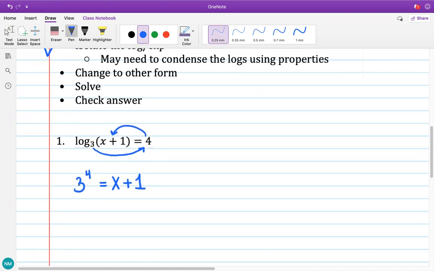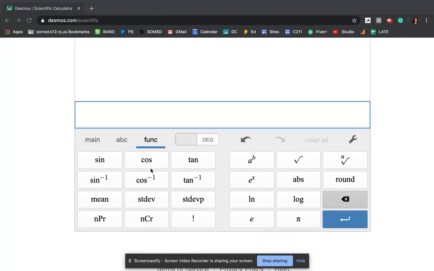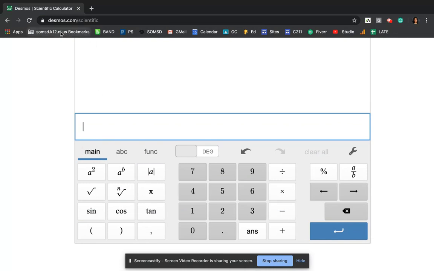And from there, I just solve. You're back to an Algebra 1 problem. 3 to the 4th power is, and I actually have it here, you can go on to desmos.com/scientific. It has a regular scientific calculator, if you don't have one at home. So 3 to the 4th power is 81.